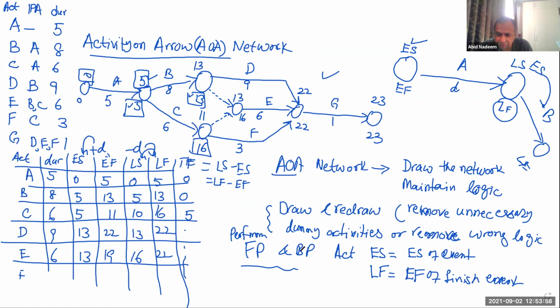Can you elaborate on the second thing? Activity early start is the early start of the event, that's clear. Activity late finish is the late finish of the event. You've written early finish, I didn't understand. Okay, late finish, the late finish of the finish event.